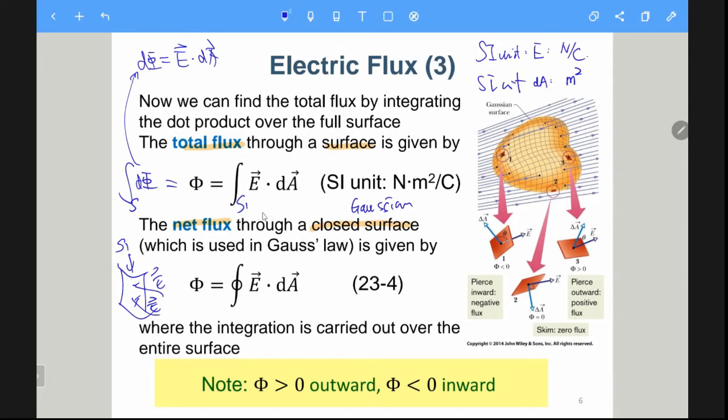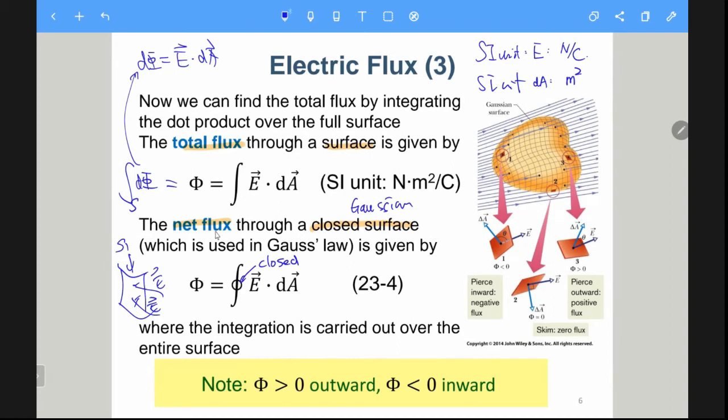The only difference between the total flux and the net flux is this circle, and of course this circle means a closed surface integral. So this is total flux, and this is net flux.